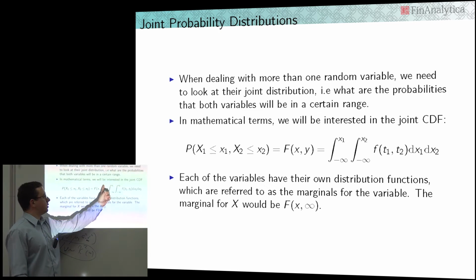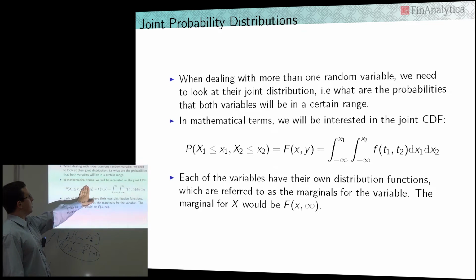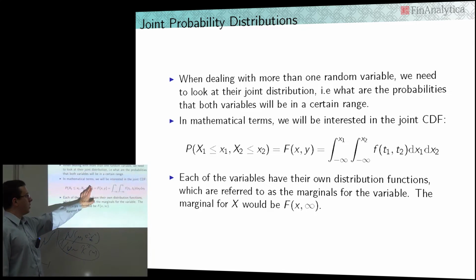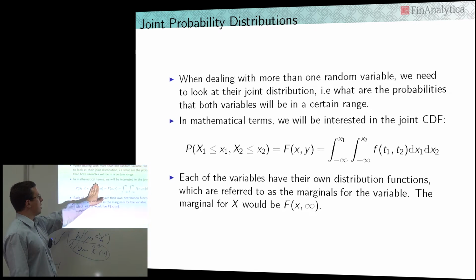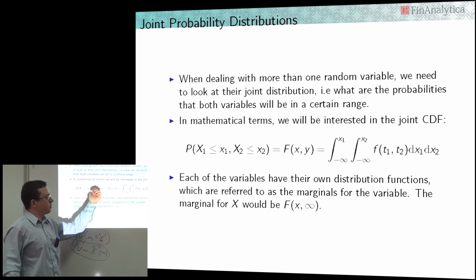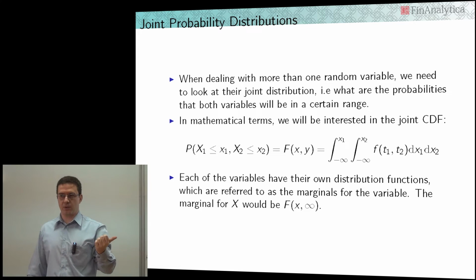We have the joint, but we also have in here, if we're not looking at this at all, or we assume that small x2 is actually the maximum value for the outcomes of X2, we will have only this one, which would be a function of one variable, and it needs to be the cumulative distribution function of the first.